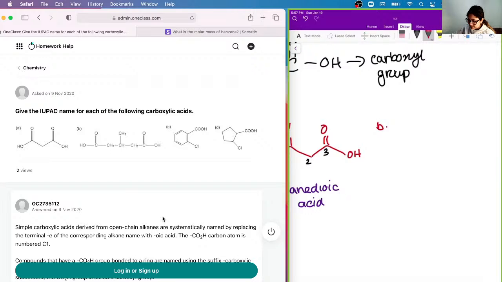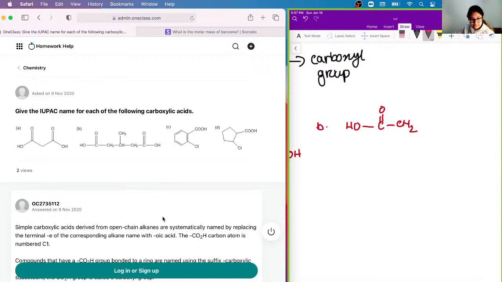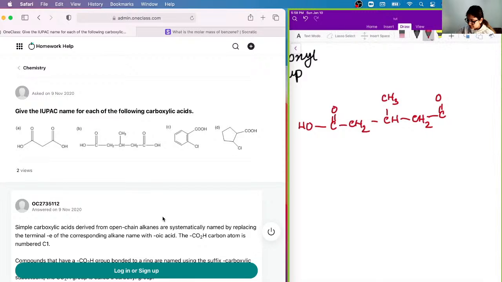So we have HO double bonded O, CH2, CH, CH3, and this is bonded with another CH2, and this C double bonded O with an OH, right?